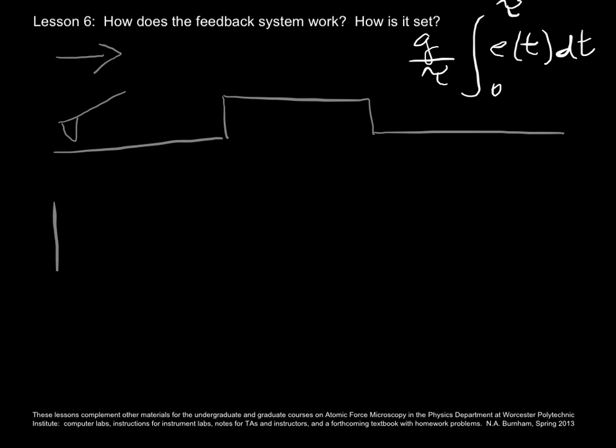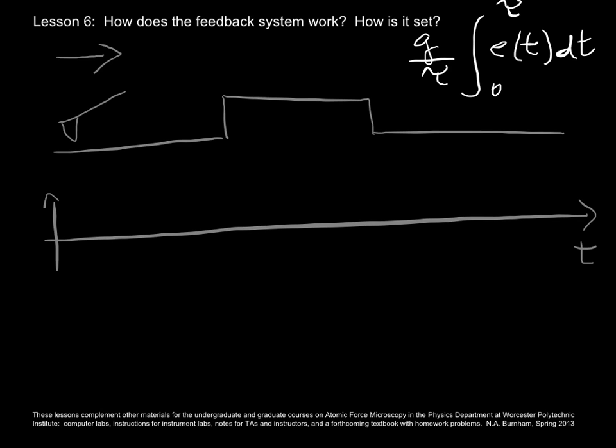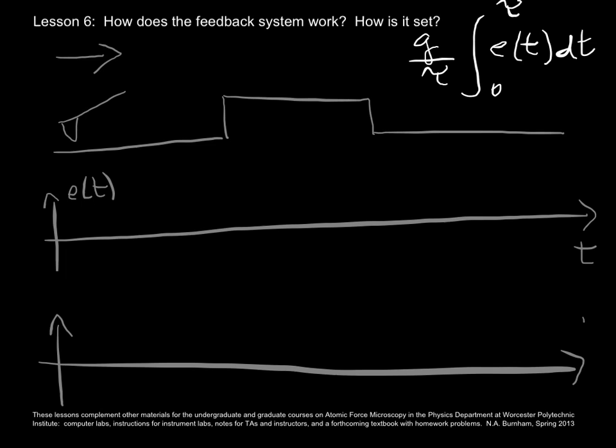And we'll also plot the error signal as a function of time and the Z signal as a function of time. I'll add vertical dashed lines to indicate that these 3 plots are aligned.